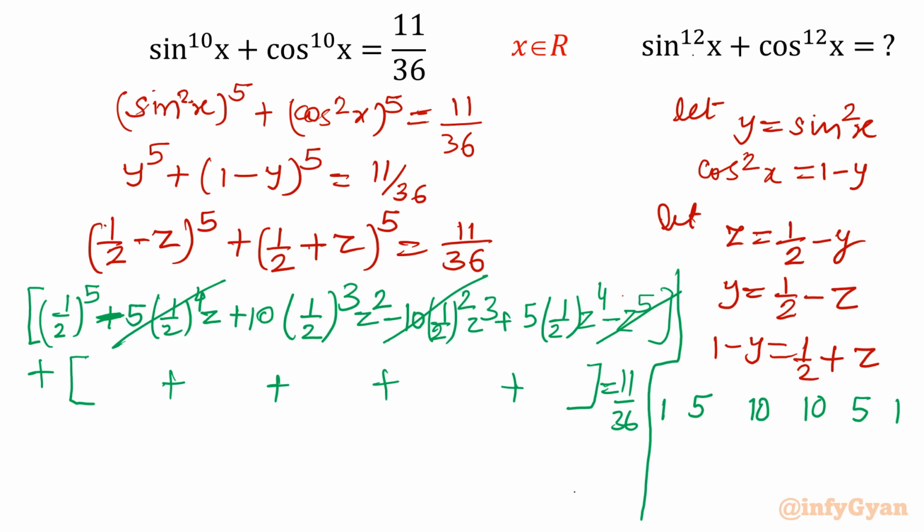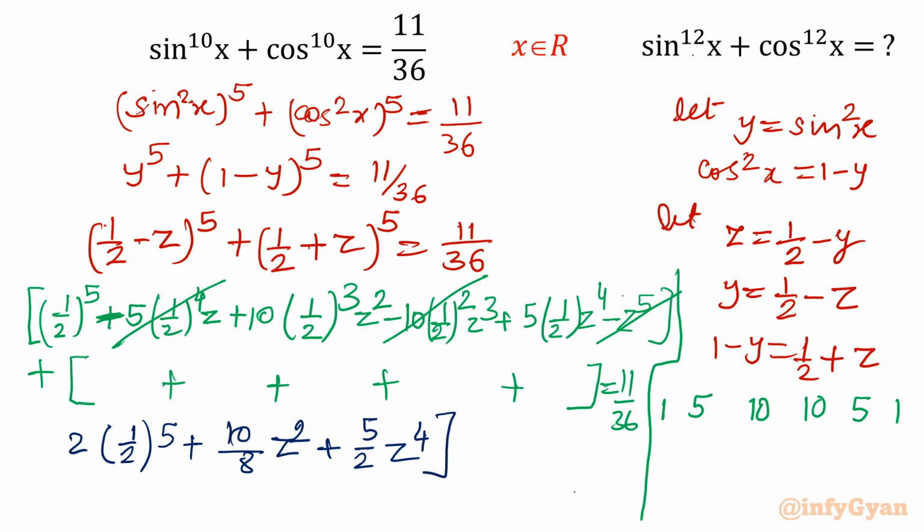I am writing directly. That would come out as 2 times 1 over 2 whole power 5 plus 10 over 8 z square plus 5 over 2 z power 4, equal to 11 over 36.